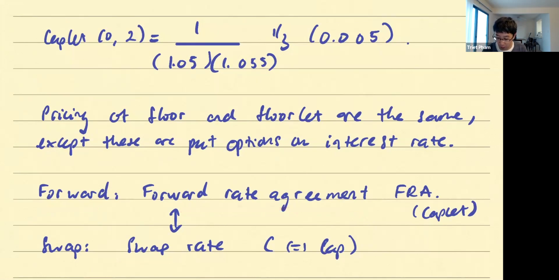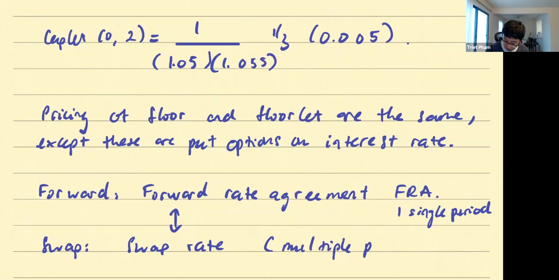That is the notation, the name is called a forward rate agreement, and the swap rate is for multiple periods.